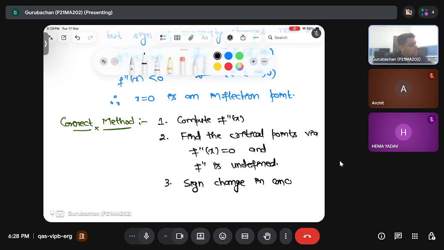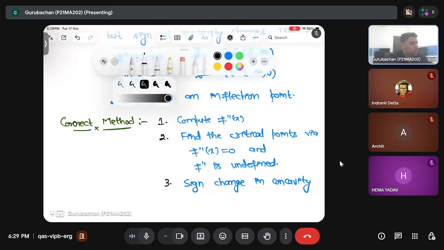This is our necessary and sufficient condition, that our concavity sign must change near that point, or near that best possible candidate. So this is the best way to find out the inflection point.